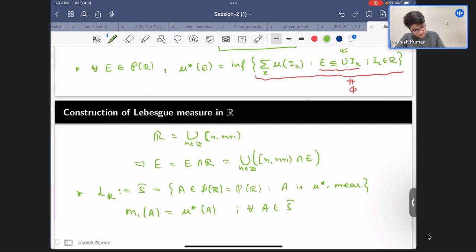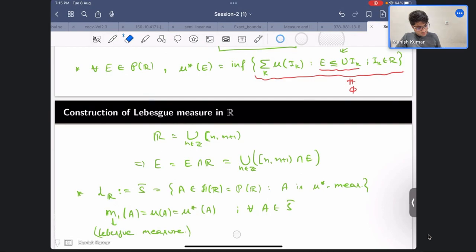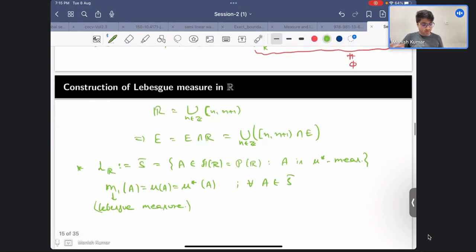This m1 is the measure. If you want to see the analog in the earlier context, this is mu of A, the measure. So this is Lebesgue measure in R. If I write m of n, then it is Lebesgue measure in Rn. Now this was all about how we do the construction.